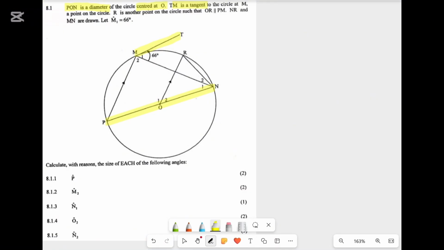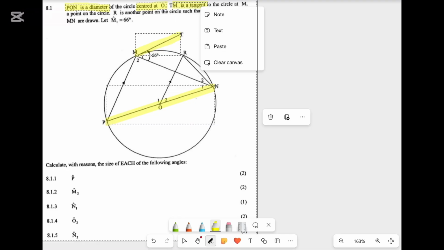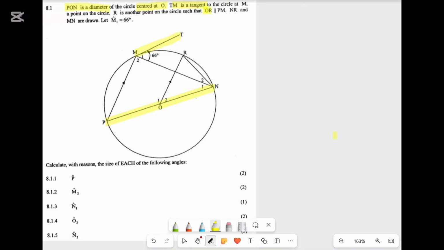We are also told that OR is parallel to PM. Remember the fun part of mathematics, if you have parallel lines, remember co-interior angles, corresponding angles, alternating angles.